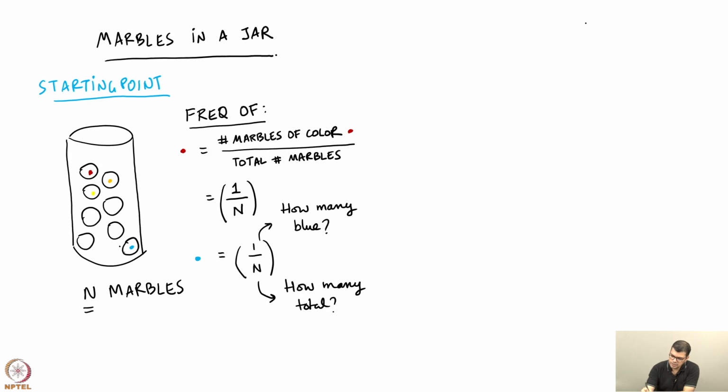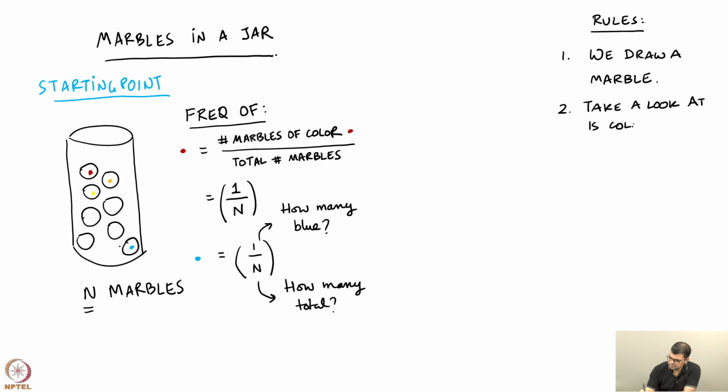Now, let's try and write the rules of this game. One, we draw a marble from this jar, take a look at its color, put a same color marble in a next jar.